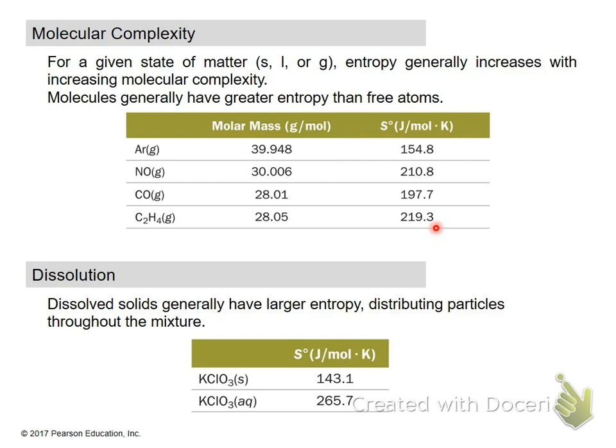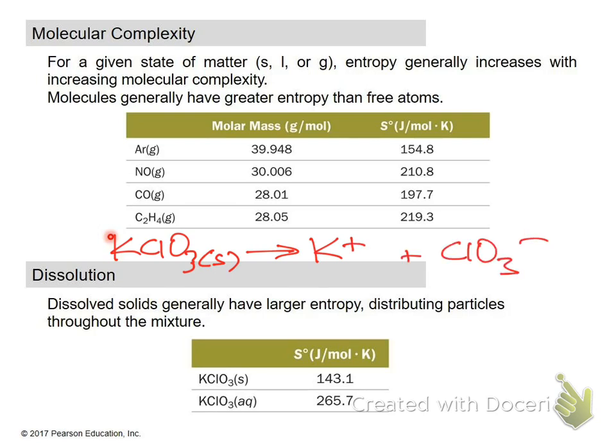Let's say we have KClO3 solid, and if you dissolve this in water, it dissociates into K+ and ClO3-. So in the solid form, we have 1 mole, and in the dissolved form, now aqueous, we have 2 moles. That increase in the number of moles results in an increase in entropy.